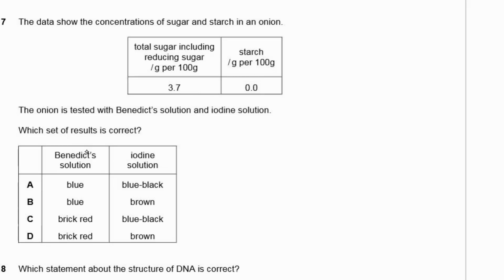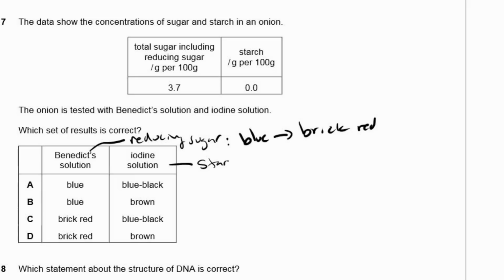So for Benedict's, that tests for reducing sugar, and it will go from blue through a series of different colors to brick red. And the iodine solution, that tests for starch, and that goes from a yellow-brown to black, blue-black.